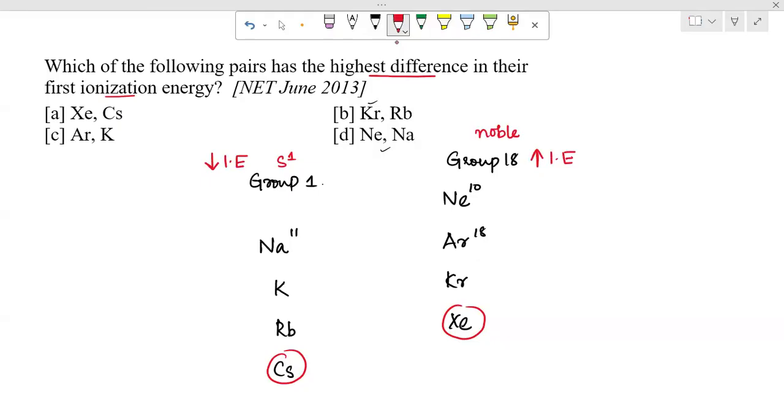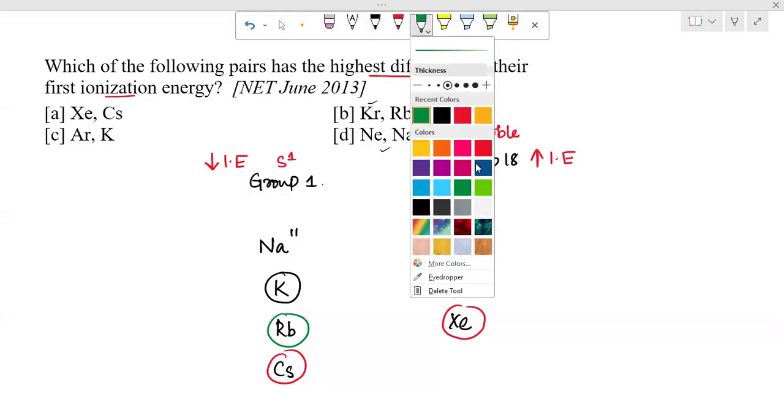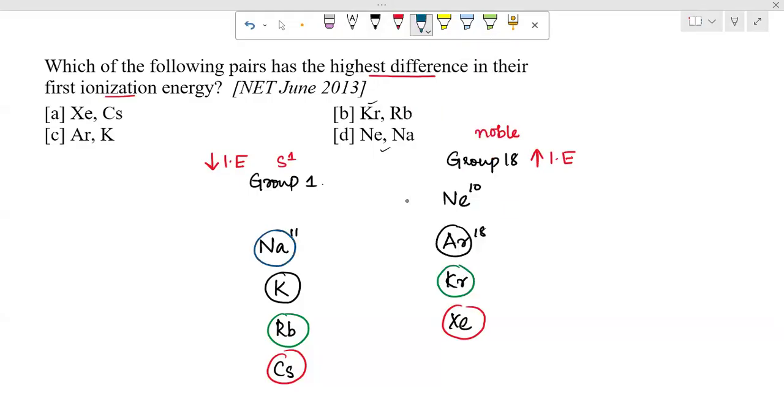So let's look at the different pairs that are given. Xenon and cesium, which is at the bottom. Next comes krypton and rubidium. Third option is argon and potassium. And the last option is neon and sodium. This is same like the previous question that we did.